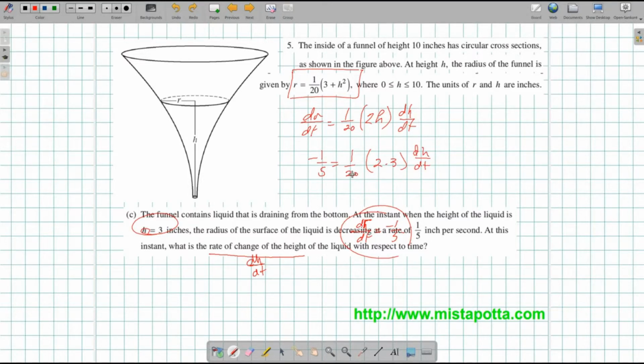So I can multiply both sides by 4, so I end up with negative 4 equals 6 dh dt, or dh dt equals negative 4/6. And keep in mind that this is a rate of change of height, so this is going to be inches per second. And again, units are very important if we're given units.